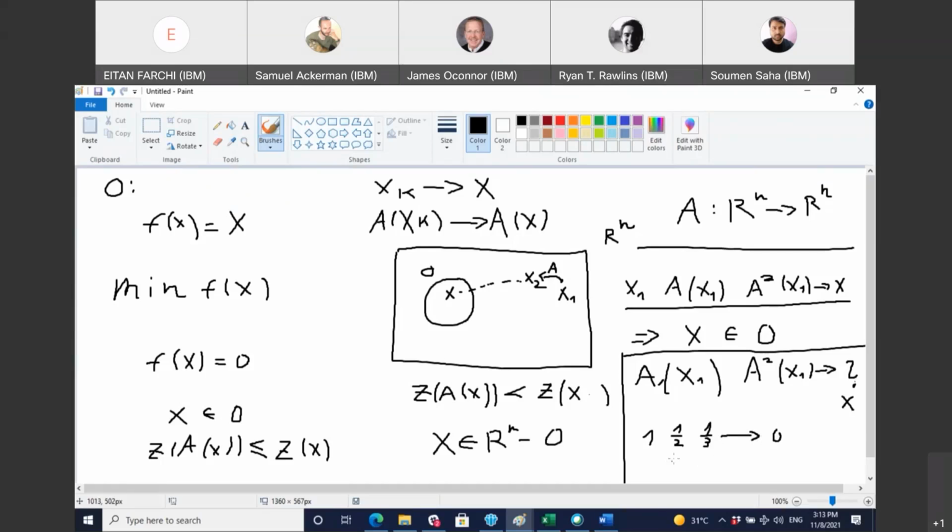Now, what about 1/2 and 1/3, and so on? Same, converges to 0. Any finite number that you remove from the series will not change what it converges to.